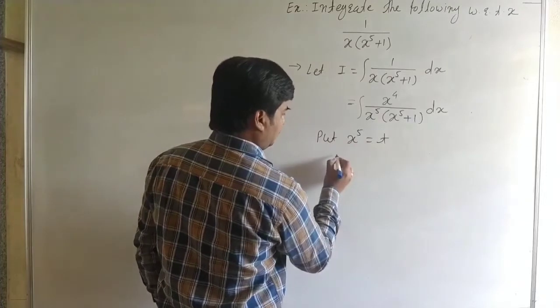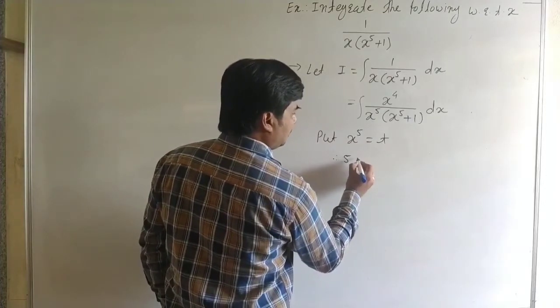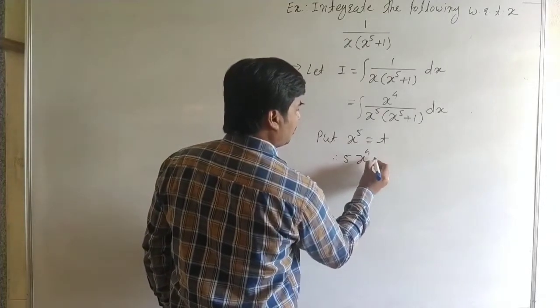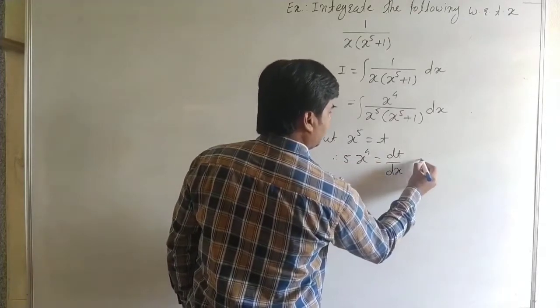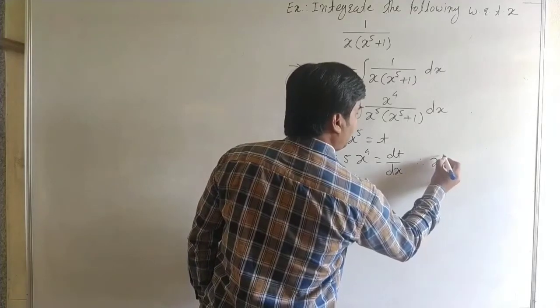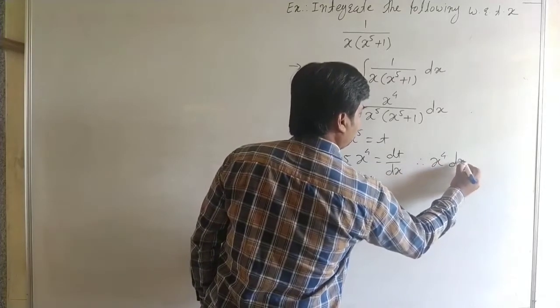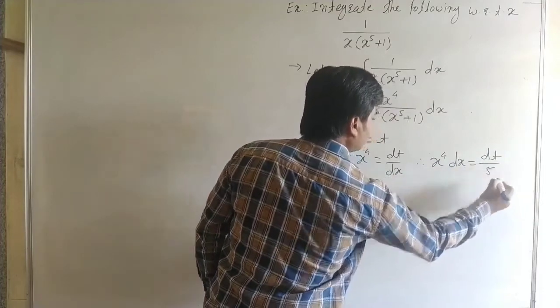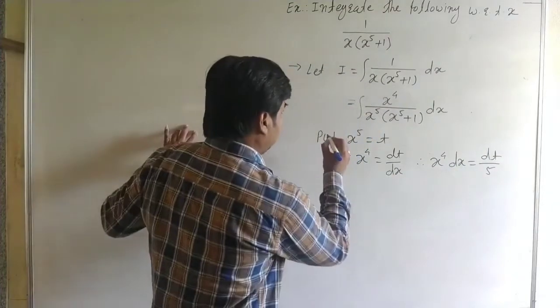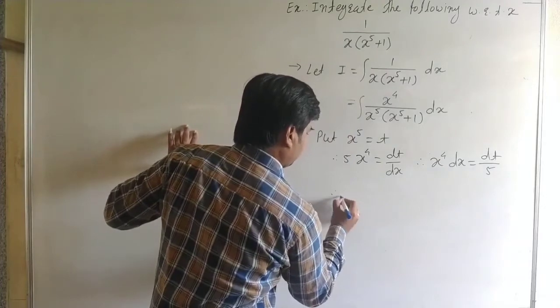See carefully, therefore 5 x to the power 4 is equal to dt by dx, and therefore we can write x to the power 4 dx is equal to dt by 5.